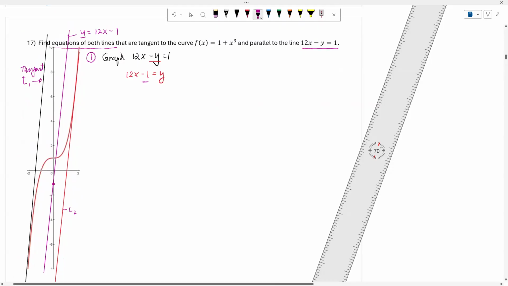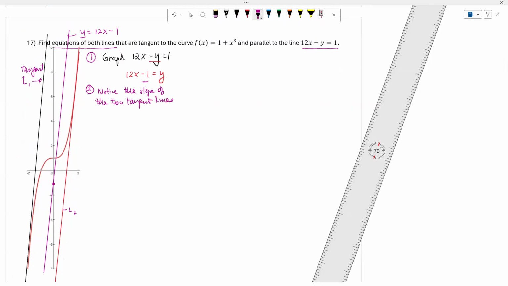So we just notice that the slope of the two tangent lines is 12.